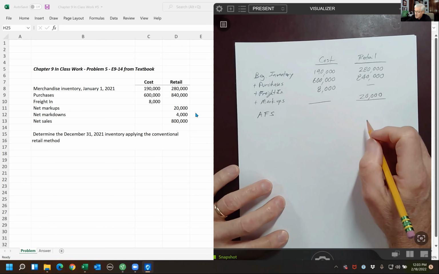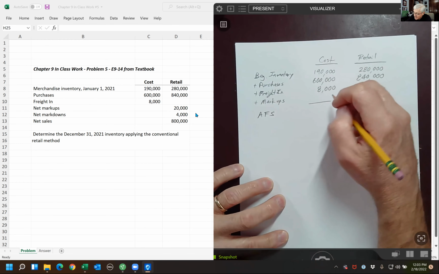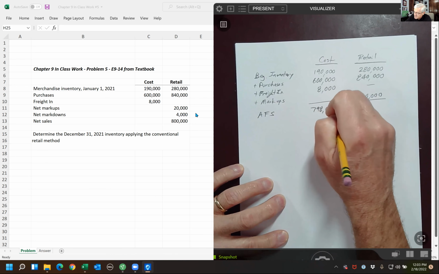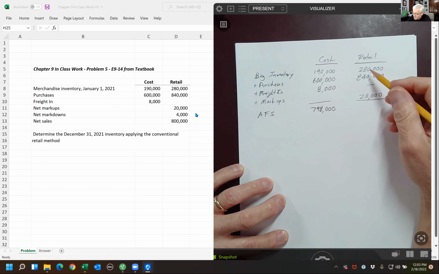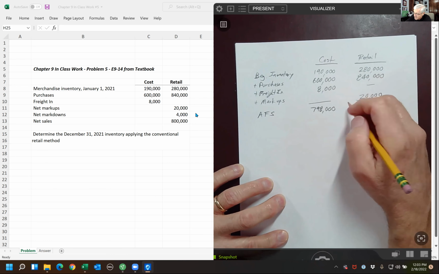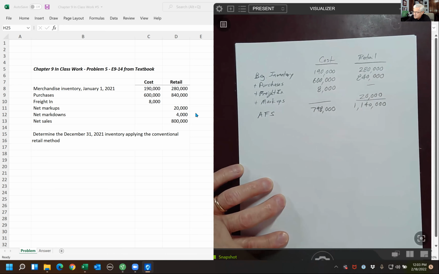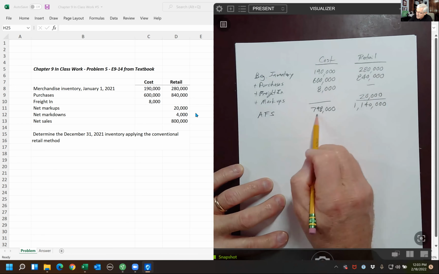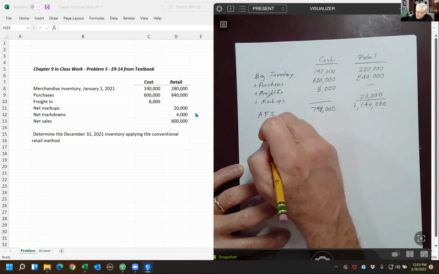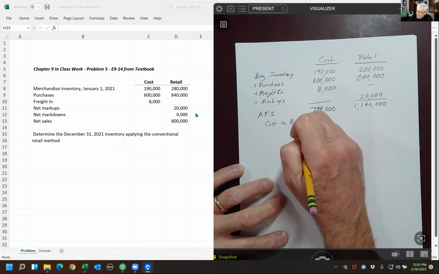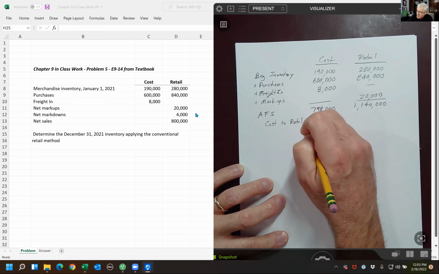We've got 190 plus 600 plus 8, 798,000. On the retail side, we've got 280 plus 840 plus 20, 1,140,000. Now we just take 798 divided by 1140, the cost to retail percent.